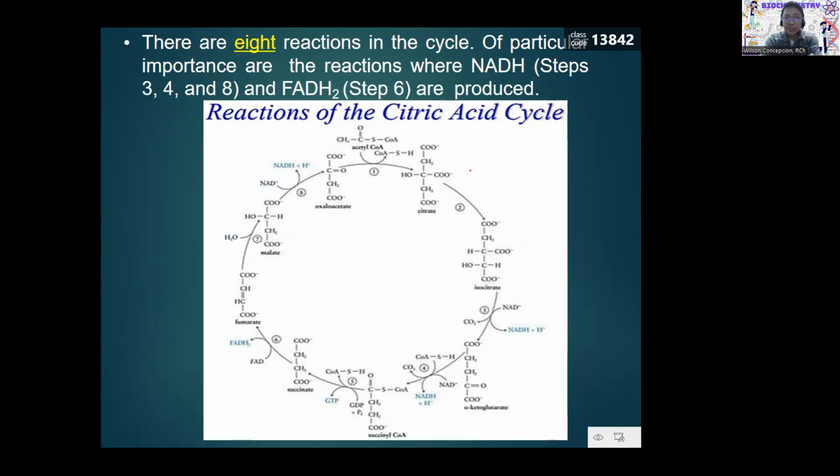Di ba? May steps ka pa na pagdadaanan. And the citric acid cycle or the TCA cycle contains 8 reactions or 8 steps. Okay? 8 reactions yan. 8. So, hindi na lang basta bilog yung ating reaction. Kasi 8 na, no, yung pinag-uusapan natin dito.